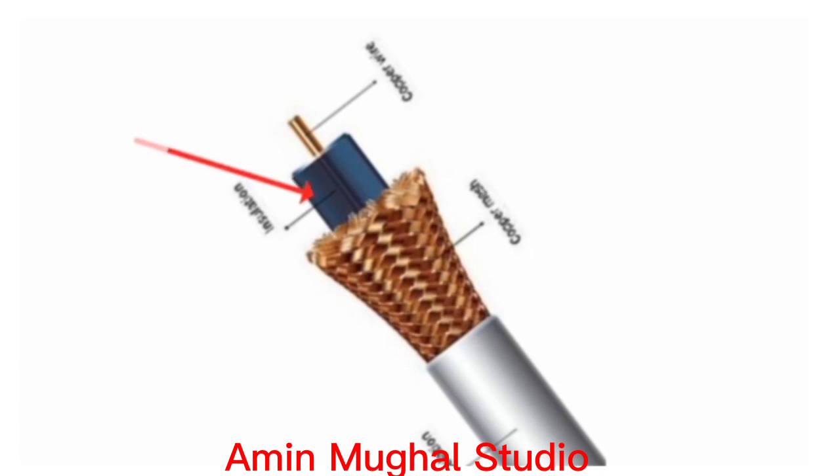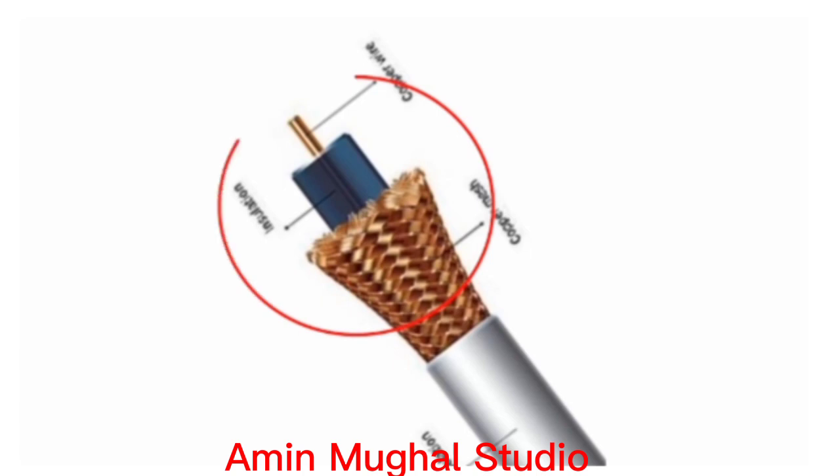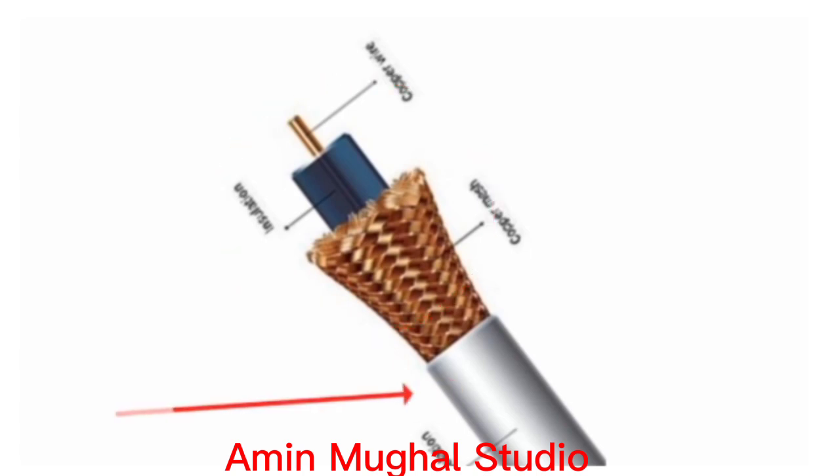Then the insulating layer is covered by copper mesh, and finally all these three layers are covered by an insulating jacket that protects the inner layers of the cable from external mechanical disturbances. Clear? So this is the coaxial cable.